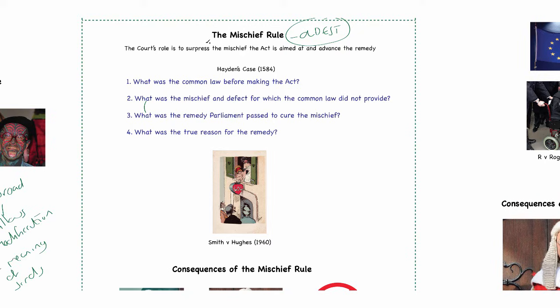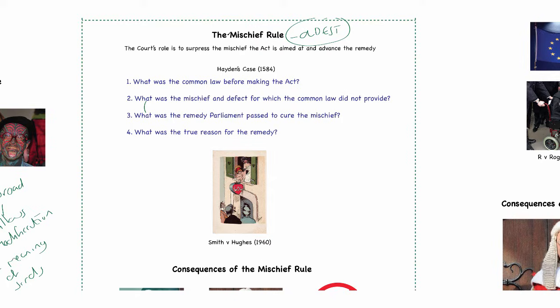So in order to understand decisions in the mischief rule, in order to make decisions according to the mischief rule, you have to look at what was happening before the Act of Parliament. So let's just take an interpretation of the Offences Against the Person Act 1861. You would have to look at what was the state of the common law, what was the state of the law before 1861.